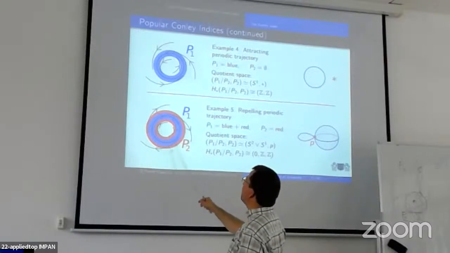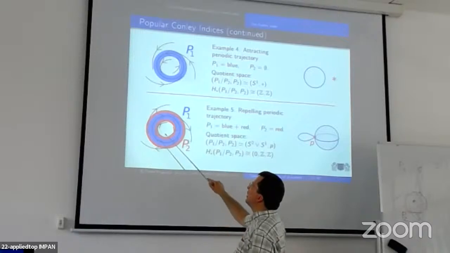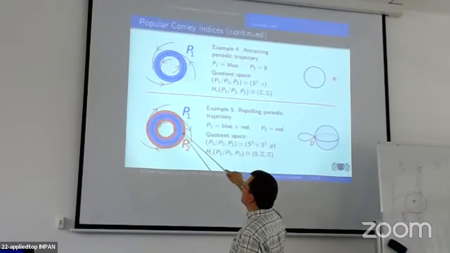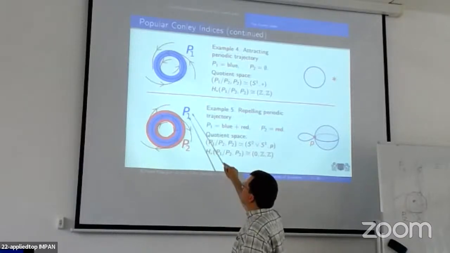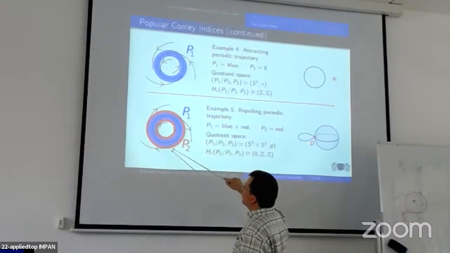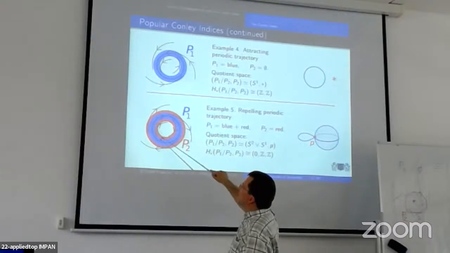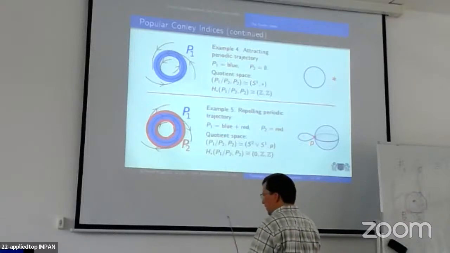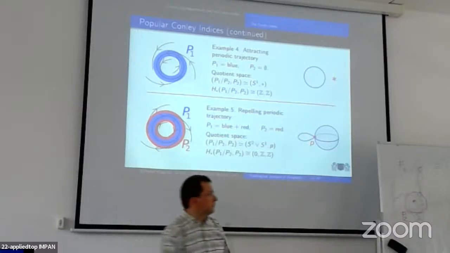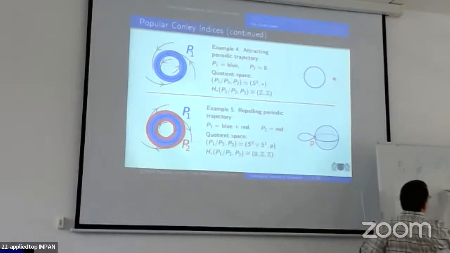If we have a repelling periodic trajectory, then if we take a belt around this trajectory for P1, then the trajectories will be exiting along the whole boundary. Now we take the quotient space, we squeeze, so we have this belt.